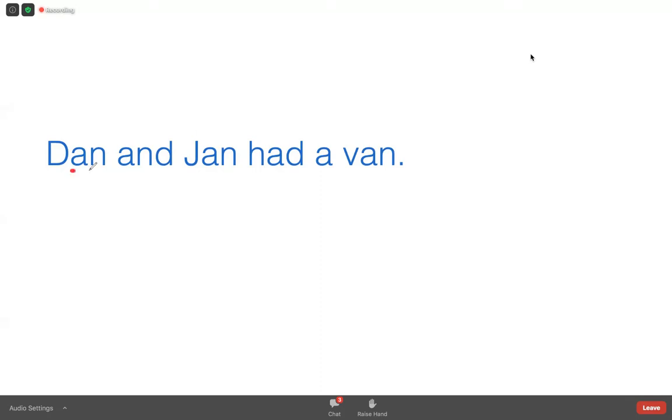What are all of those an words in this sentence? And I see Dan. I see Jan, and I see Dan, don't I? Very good. I'm looking for words that have an at the end. I know we have another word up there that has an somewhere else. I only want to look at the ones that have it at the end right now, or rhyming words.